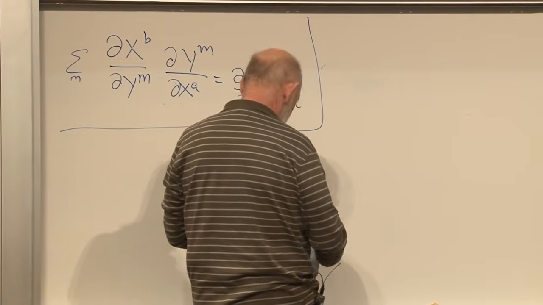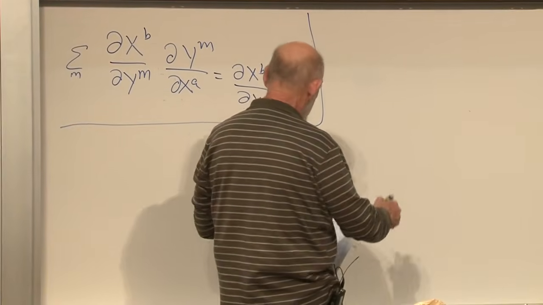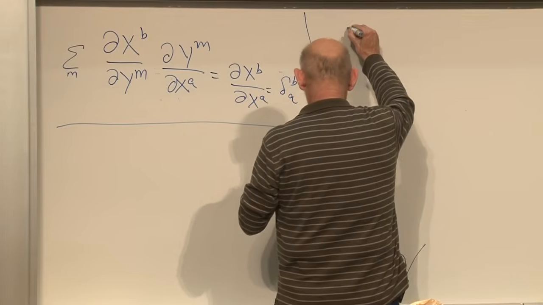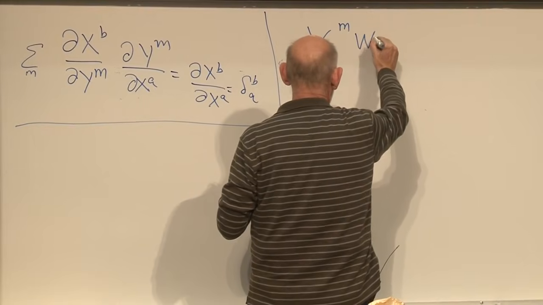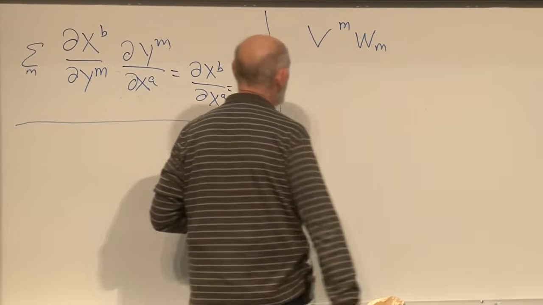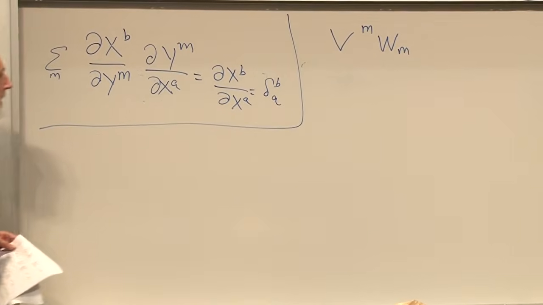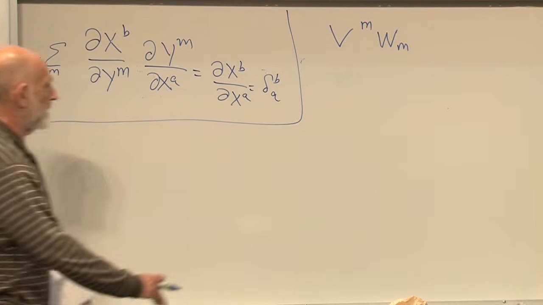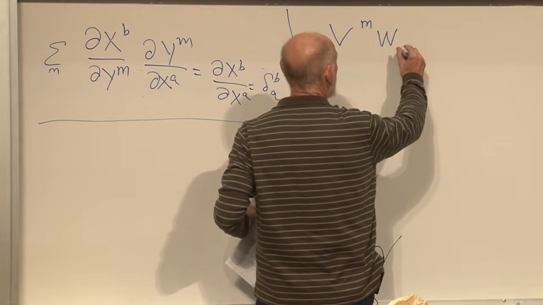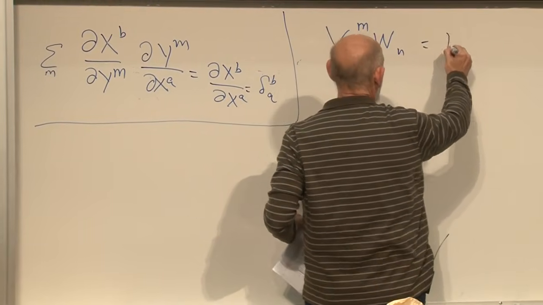All right, as an example, let's take a tensor which is composed out of V and W. V has a contravariant index and W has a covariant index, N. This is the tensor T^M_N.